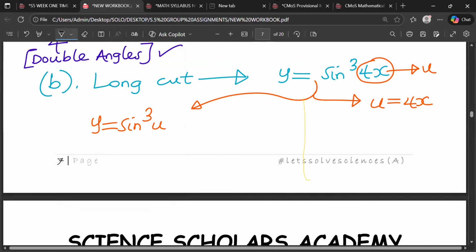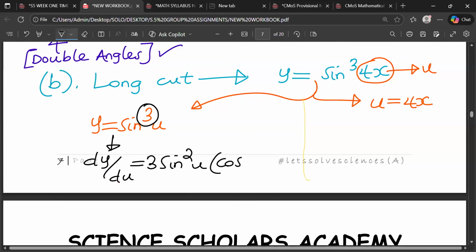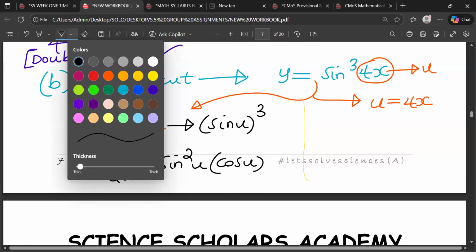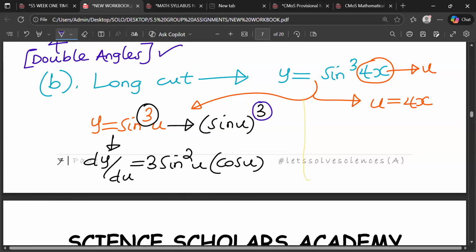So this one, same thing. You get du. You drop this 3. You bring back it with the reduced power. Then you differentiate. Remember, this one is looking like sin u with an overall power 3. So what you do, you drop this 3. You bring back the sin u with the reduced power 2, which is here.